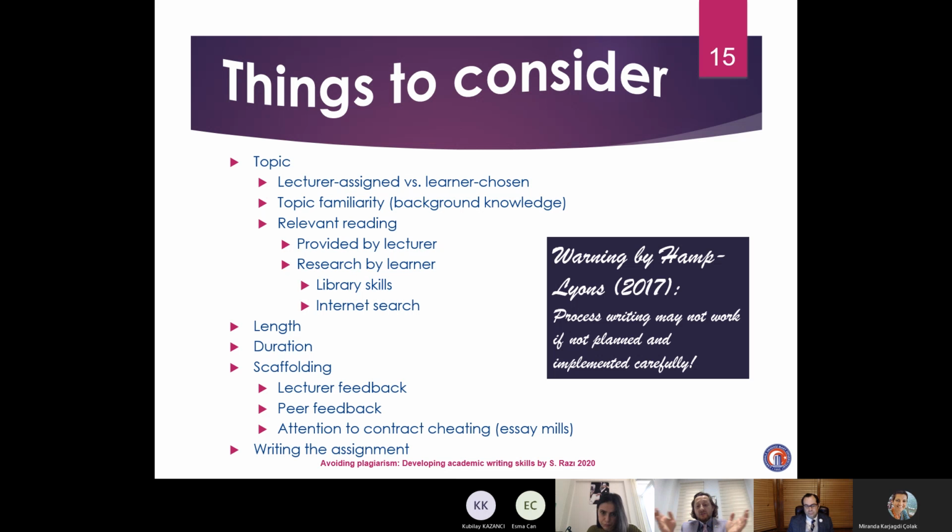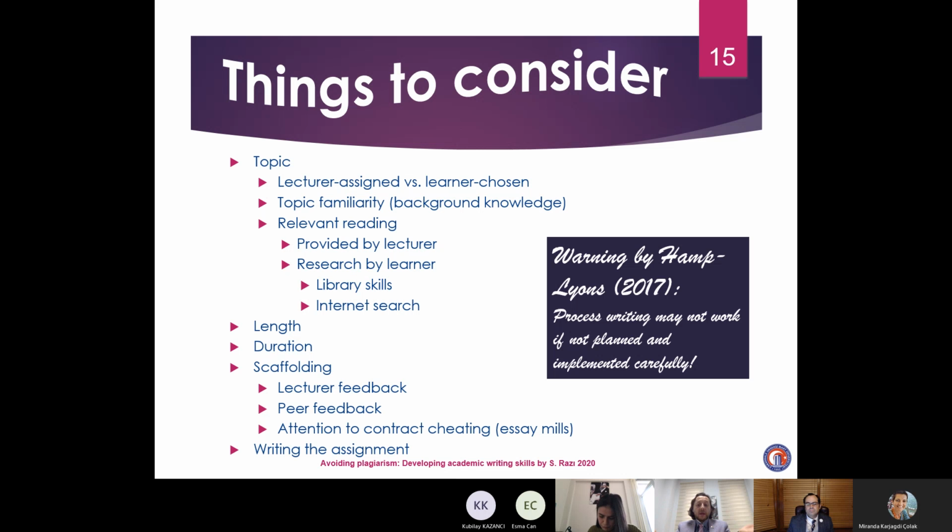Considering the teacher assigned topics, what about students' familiarity with the topic? This is very important. If they don't have any background knowledge about the topic, then how do we ask them to write about it? And if they know nothing, what about the relevant sources? As the teacher, will you be providing some sources or a list of sources, for example?